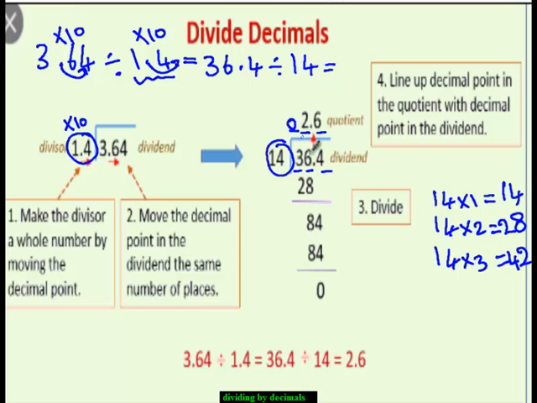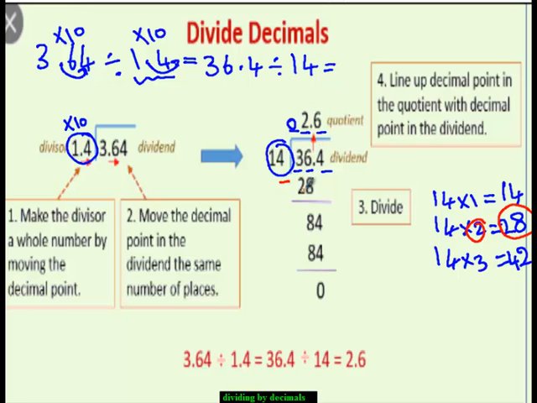Here 3 divided by 14 can't be done, so I'm going to put 0. 36 divided by 14: I can't find 36, but I can find 28. So I'm going to make a circle around 28 and a circle around 2. I put 2 up and 28 down.